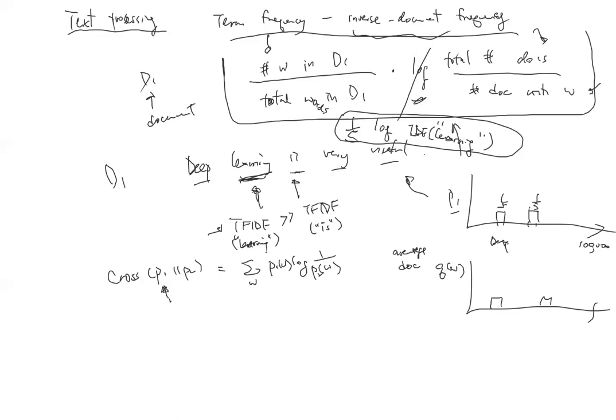This will be defined as the probability, for a particular word W, of the number of documents with this word W over the total number of documents in the world, let's say, or in your data set, a very large data set. So then you look at this TF-IDF, why do we have that?